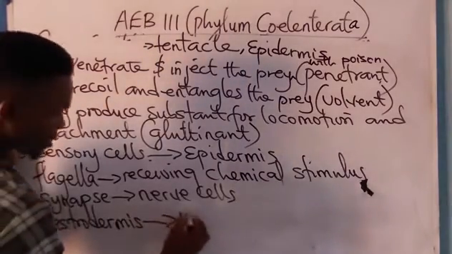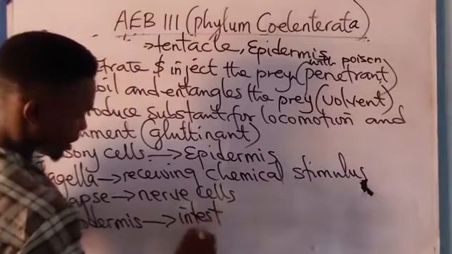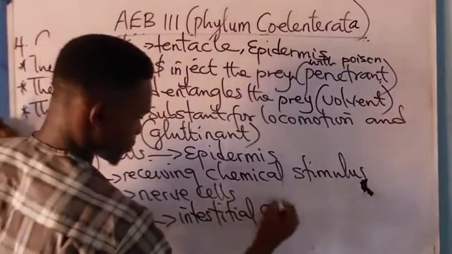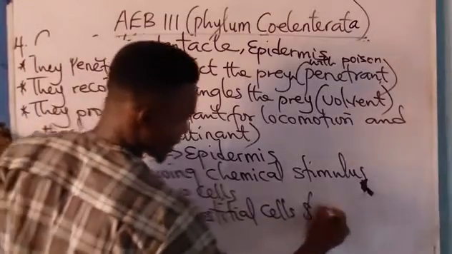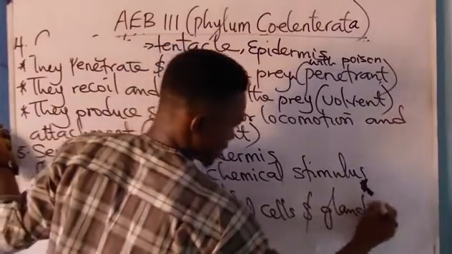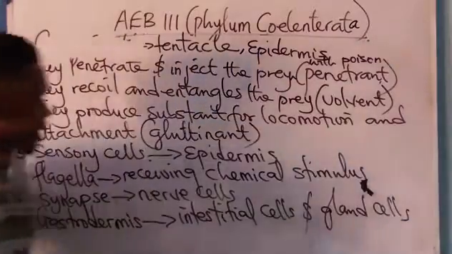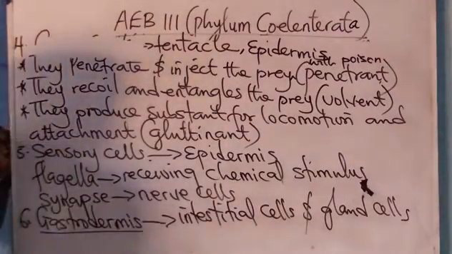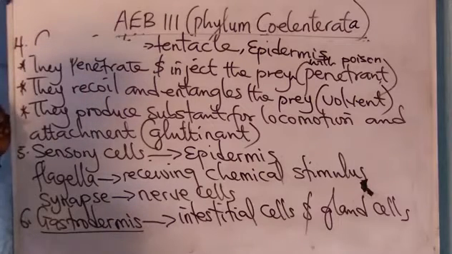The interstitial cells and gland cells are found scattered in the gastrodermis. Now the gastrovascular cavity of the cnidarians has a fluid present in it.